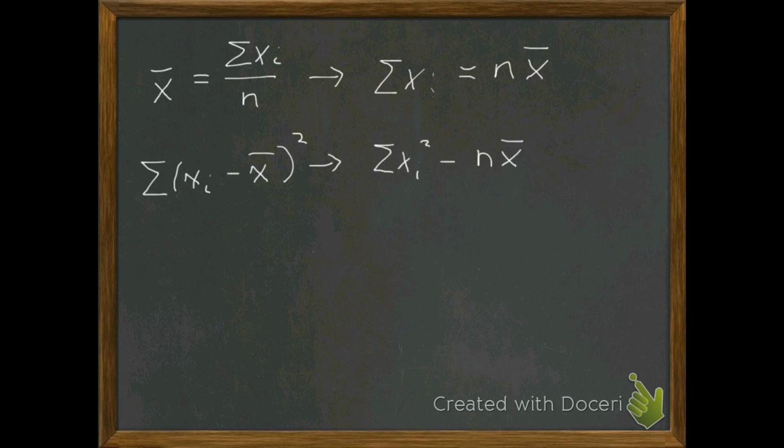Let's see. I know that's true, but I'm just having a hard time. Okay, xi squared, sum those up. Okay. So we know these two things are equivalent to this statement and this statement.